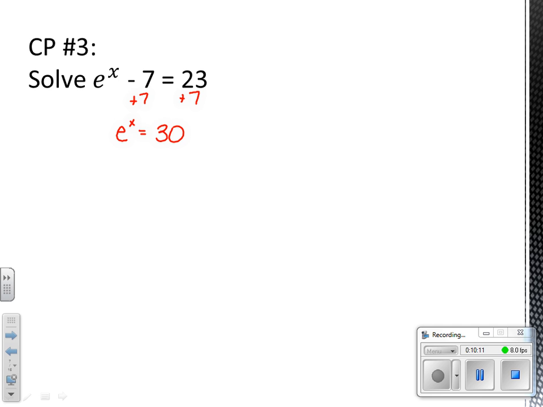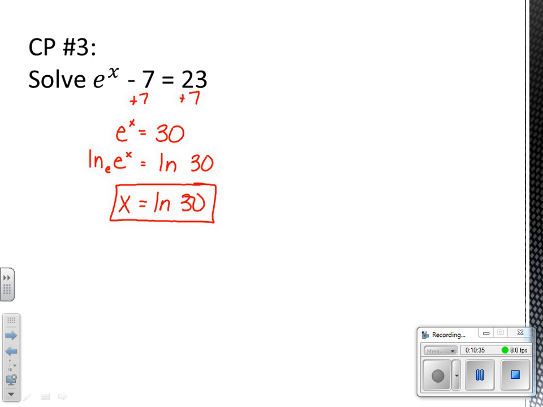Right now, if I did the ln of both sides, I would have a way to get x out of that power, because the left-hand side now, using your inverse property, has a value of x. And then ln of 30, that's something that the calculator can handle.